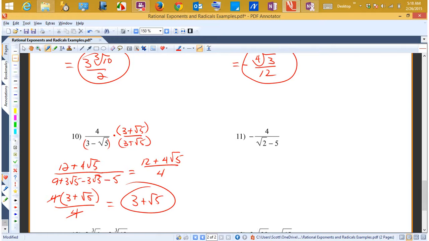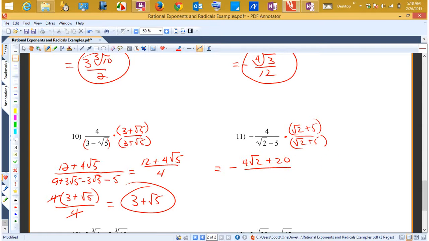Okay, let's go to the next one. So what I'm going to do is I'm going to multiply both the top and the bottom by the conjugate of the denominator. So that would be the square root of 2 plus 5 over the square root of 2 plus 5. And that's going to give me, I still have my minus, so I've got 4 times the square root of 2 plus 20.